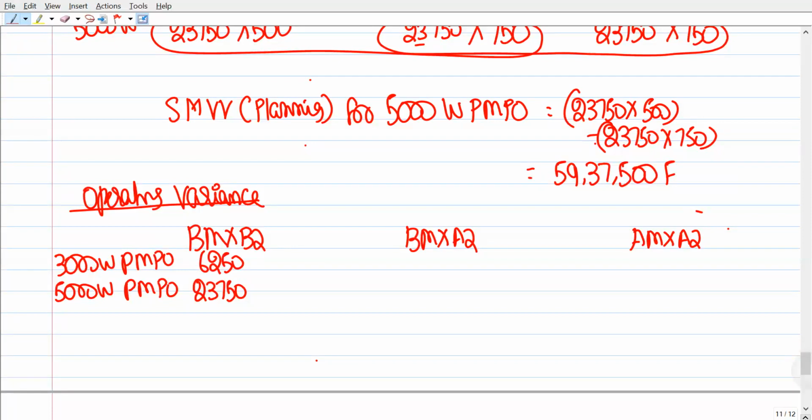6250 and 23750. BM is 6250, AM is 23750.